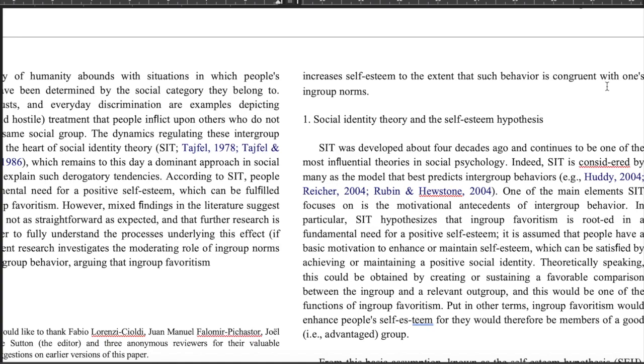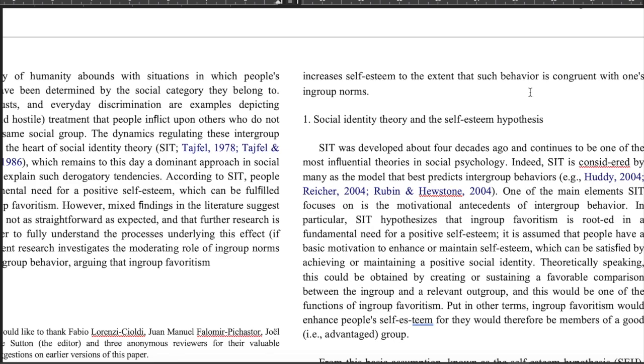is congruent to in-group favoritism, meaning to say if the norm of the group is to practice in-group favoritism, which goes along with discrimination of the out group, then in-group favoritism would lead to self-esteem. Otherwise, if the group is more accepting and does not really encourage in-group favoritism, in that situation, therefore, we should not expect in-group favoritism to lead to higher self-esteem.